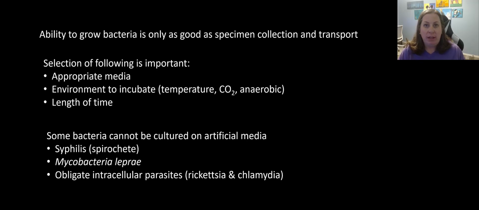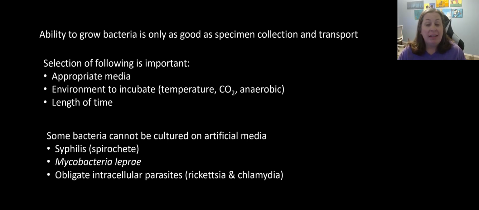But it's also important that we select the appropriate media for the growth. We also look at the environment it needs to be incubated in, like what's the temperature, CO2 requirements, is it anaerobic, and also the length of time. Some bacteria can reproduce really quick, others it takes longer. And so we need to be looking into those factors.